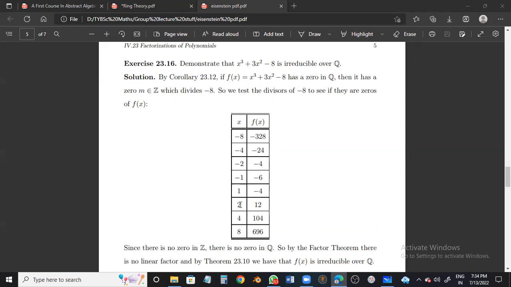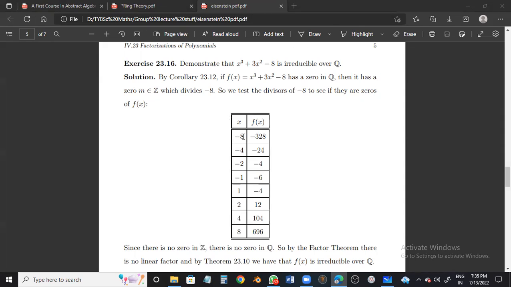If I take minus 8, then minus 8 cube plus 3x square minus 8, we are in Q, so we are trying integers. Whenever we discuss Q, we always discuss Z. This you know very well. So we are trying those divisors in this f of x.